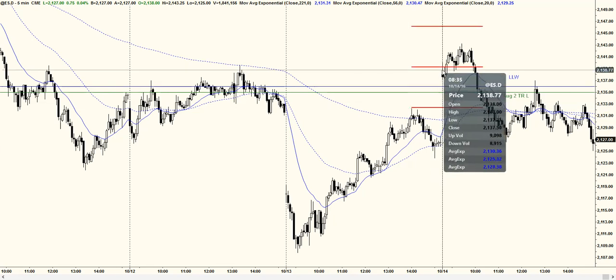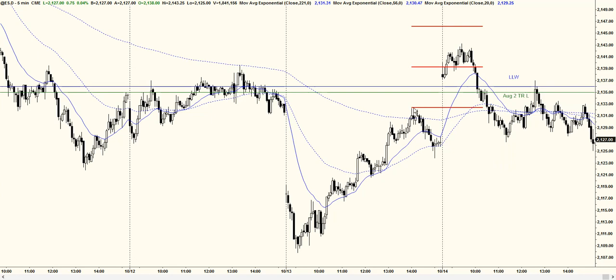So maybe you sell this high, put a target here, and your stop up here. Well, it's basically a 1-to-1 risk reward, and the math's pretty good. Again, I'm talking softly because it's late at night, and just trying to keep my voice down.